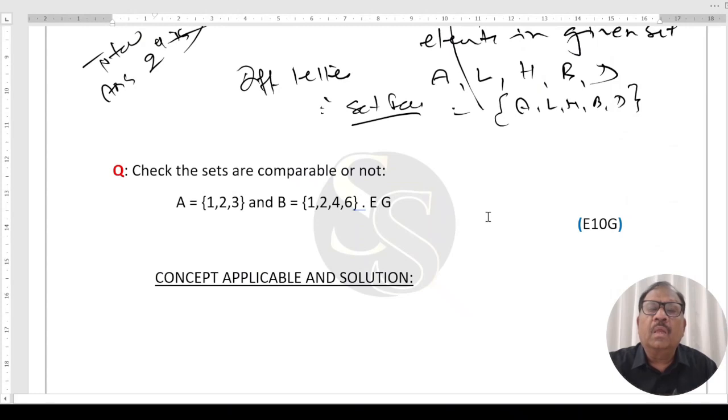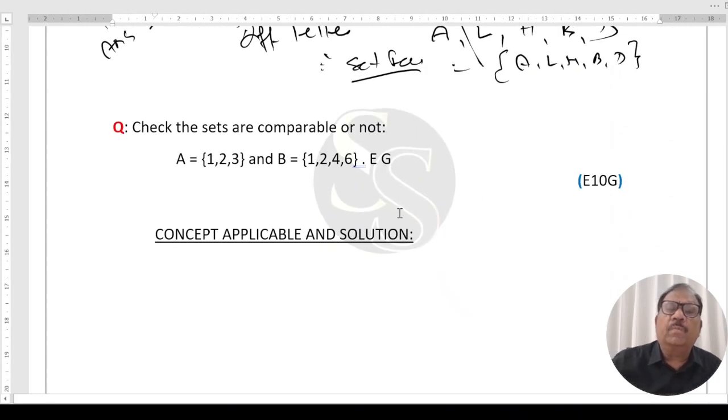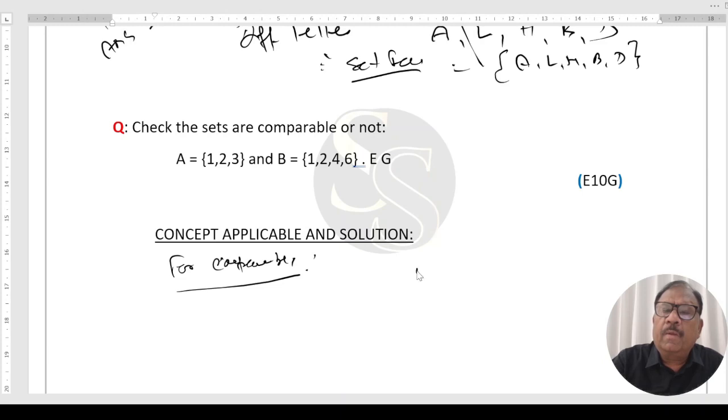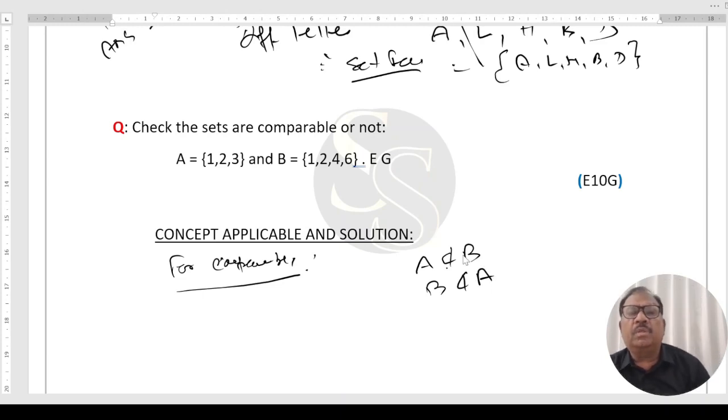Next question. Check whether the sets are comparable or not. For comparable sets, in this case, A is not a subset of B, B is not a subset of A, and A is not equal to B. None of the conditions is satisfied.